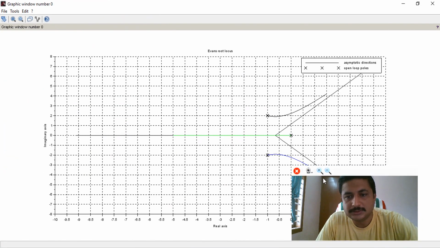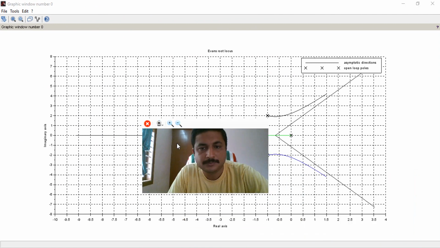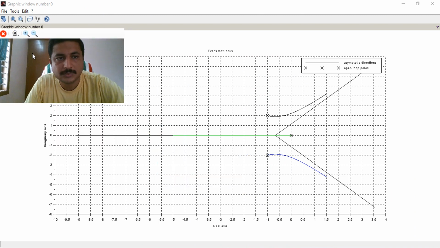Now see here, you can spot the centroid. You can spot these roots. This is your imaginary axis, correct?